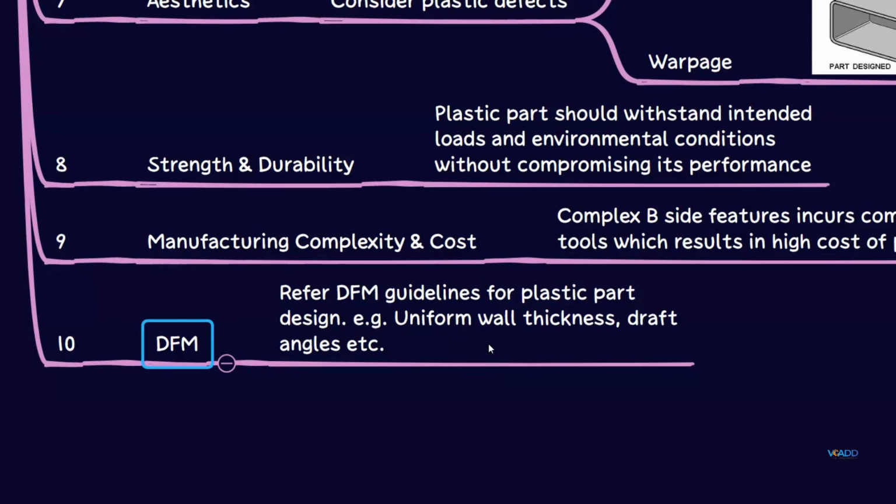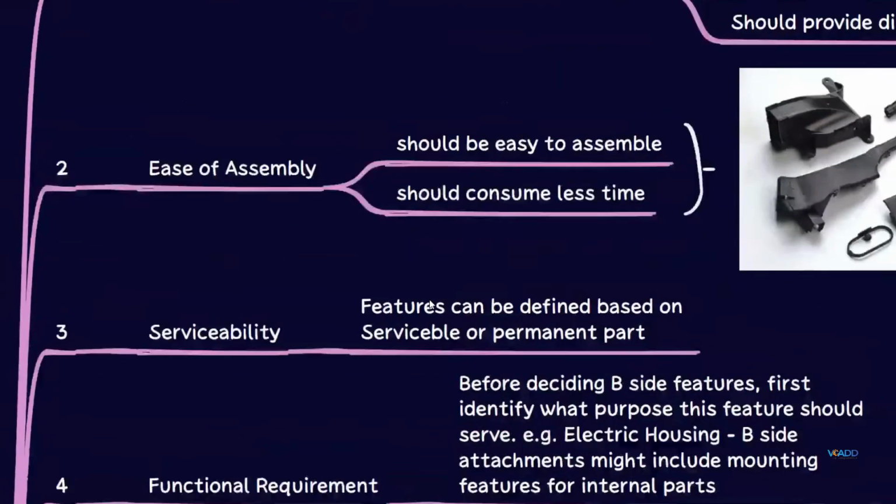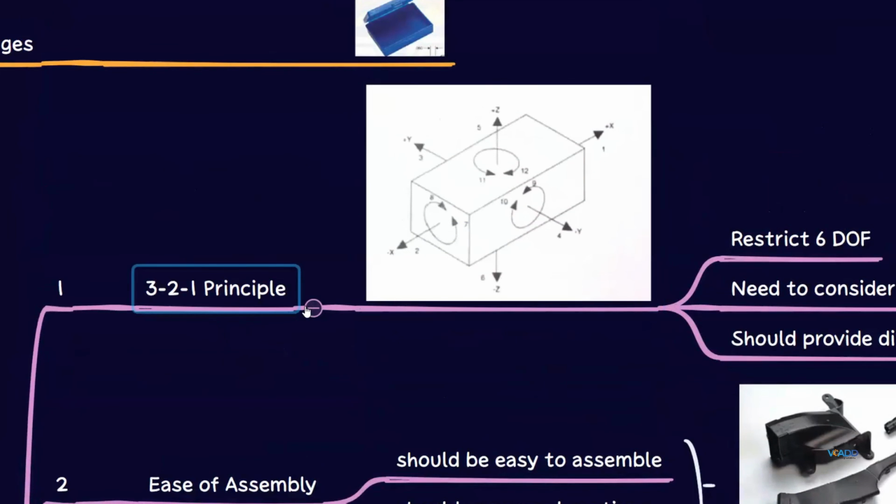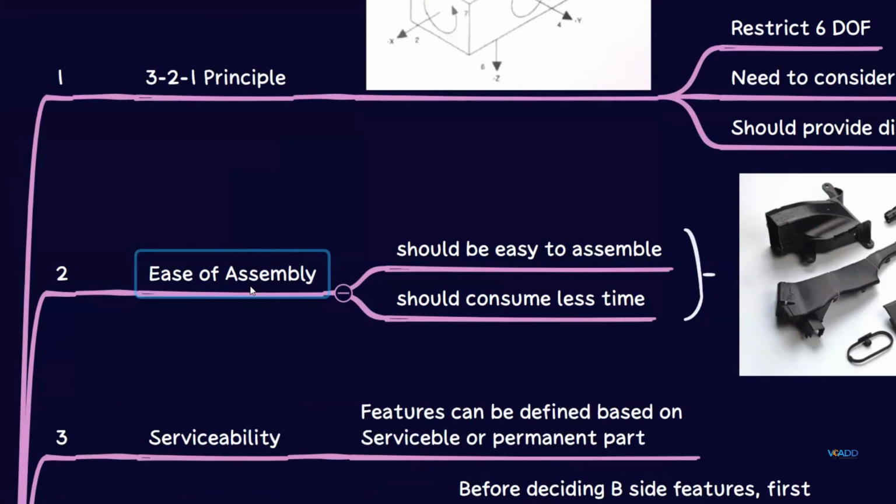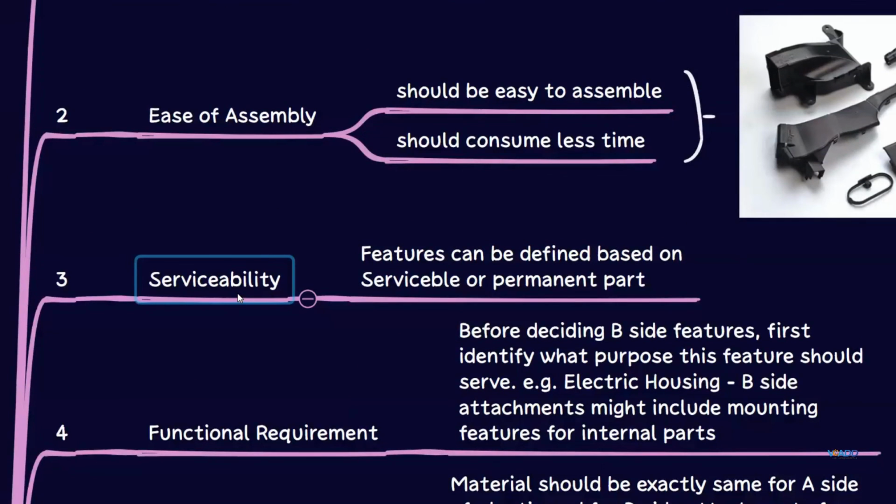Okay, so what we have seen, I'll just repeat it again. We have seen the 3-2-1 principle: lock your part in the 6 degrees of freedom. Then consider ease of assembly. It should be simple to assemble. Then it should be serviceable depending on the requirement, so define your features based on serviceability.